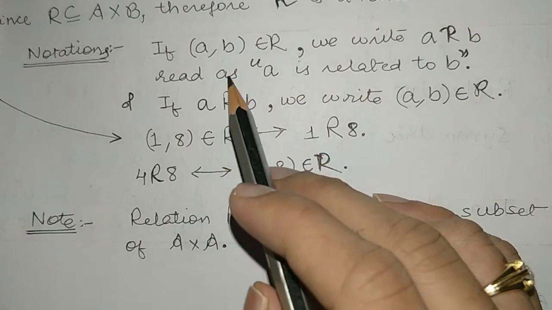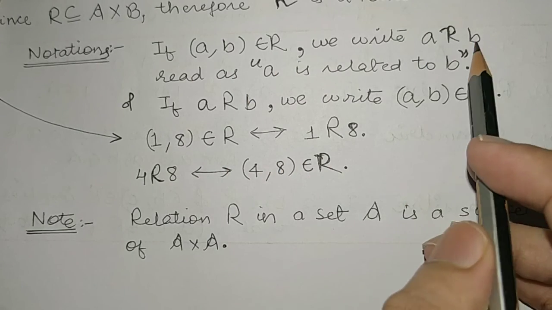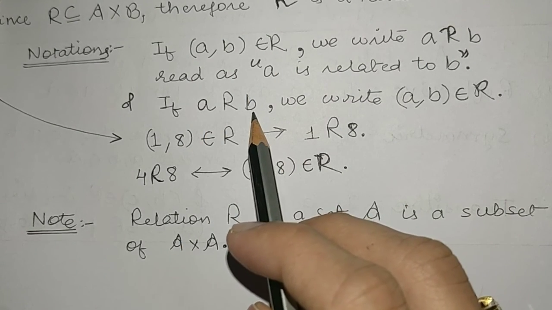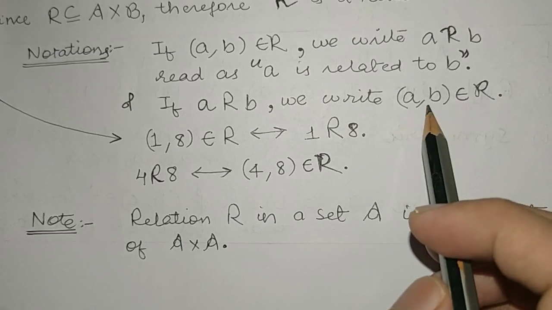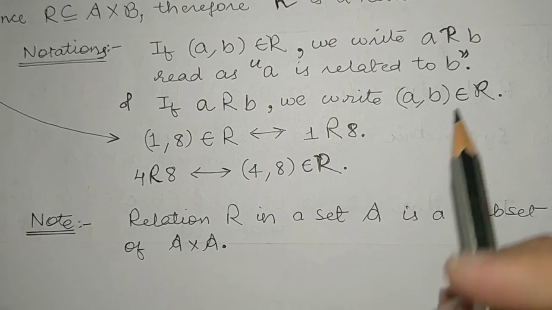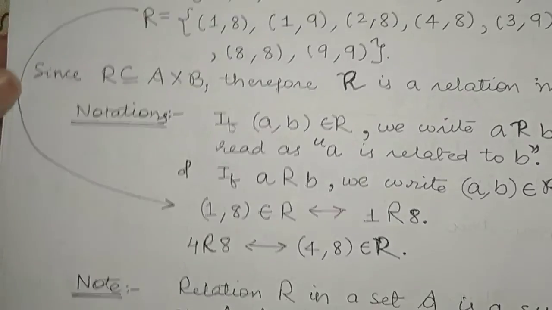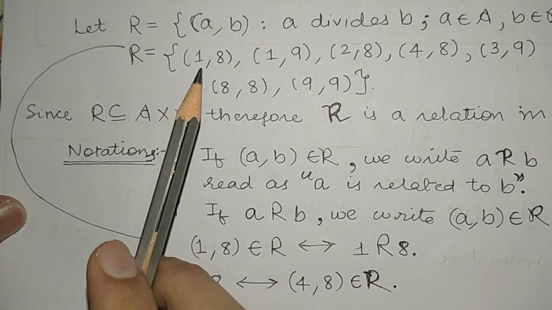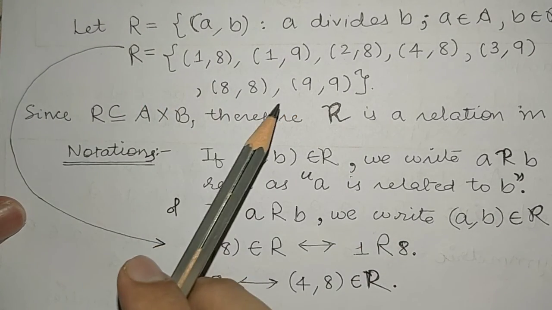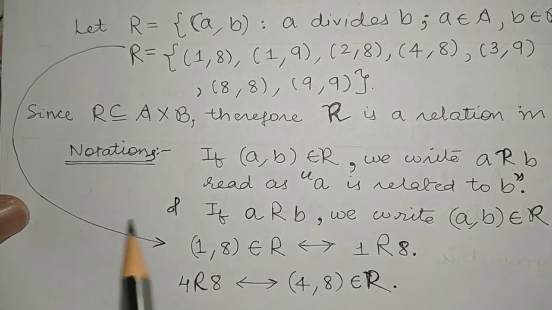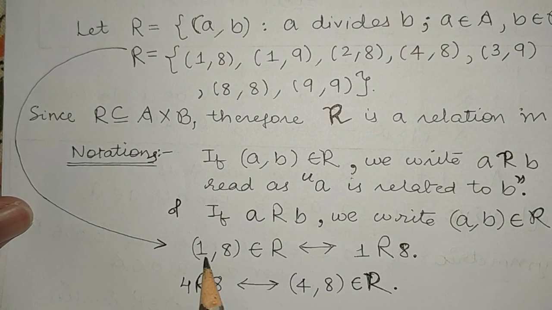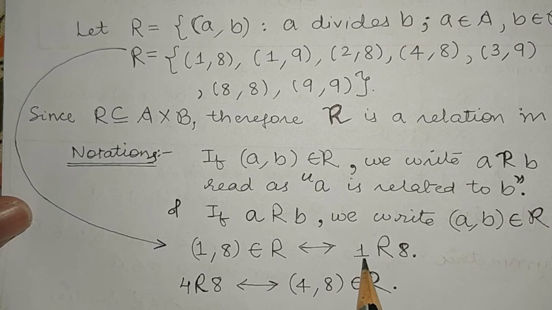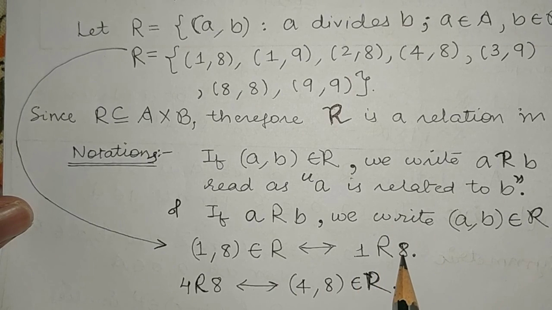So both ways we can write. If A comma B belongs to R, then we can write A R B, and if A R B is there, that is A is related to B, then we can write A comma B belongs to the set R. Now if we look at this example here, R is the set of all these elements. Since the first element, that is 1 comma 8, belongs to R, we can write 1 is related to 8.